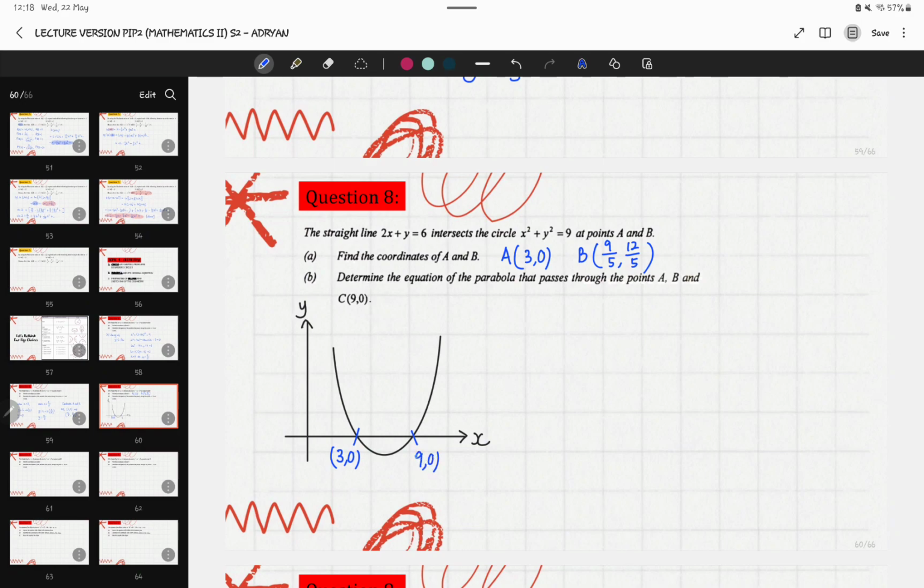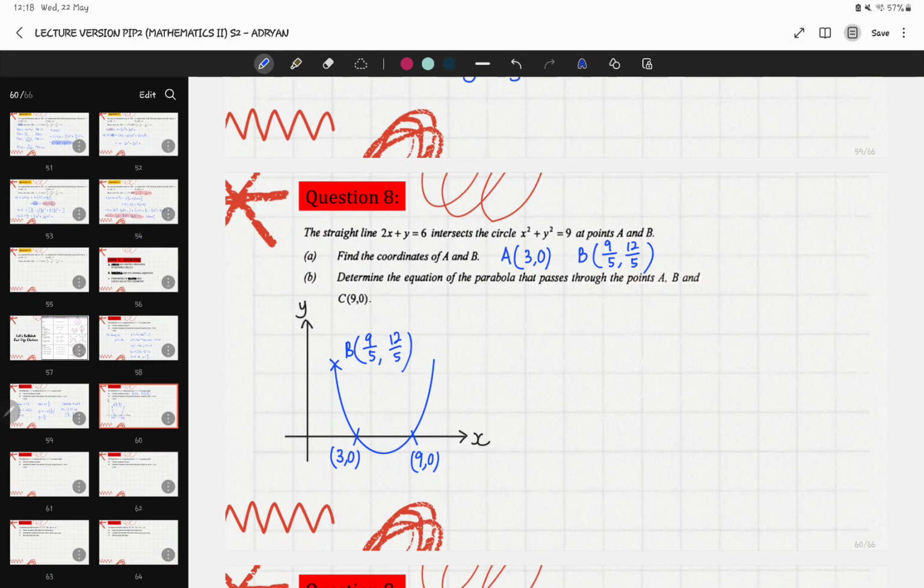Then logically, B is here, (9/5, 12/5). So you can see that the only logical shape for your parabola is open upwards, because if we join them, it would form something like this.